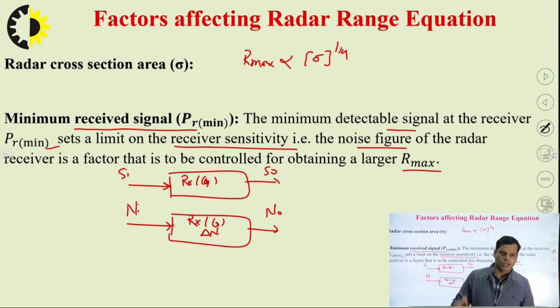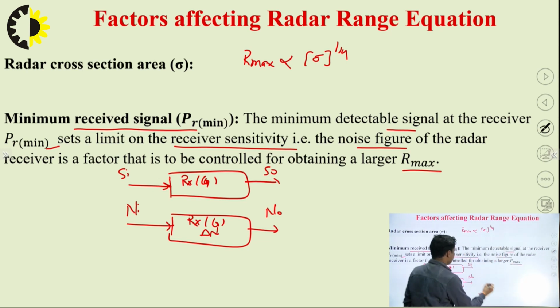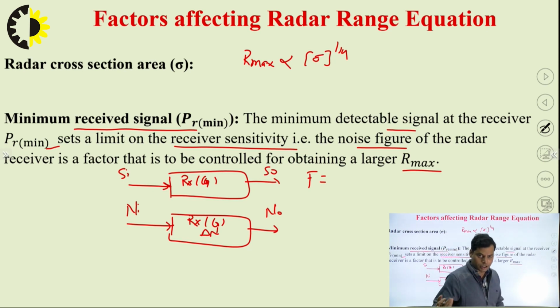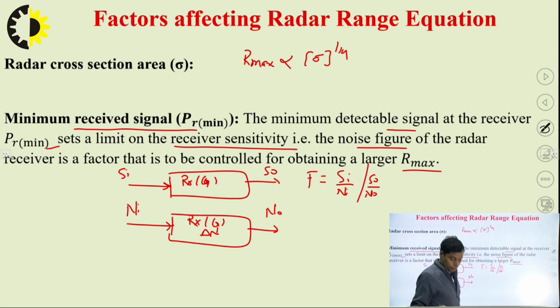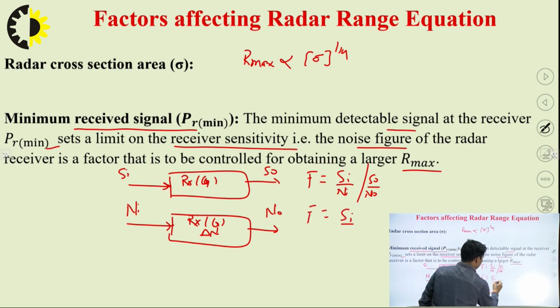That is another factor. The noise figure is the S by N ratio at the input to the S by N ratio at the output. That means Si upon Ni divided by S naught upon N naught. When we arrange this, we can write it like Si upon S naught into N naught upon Ni.